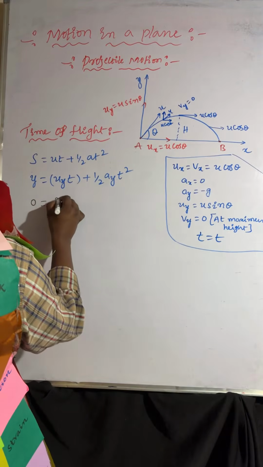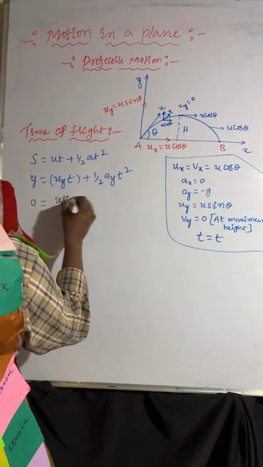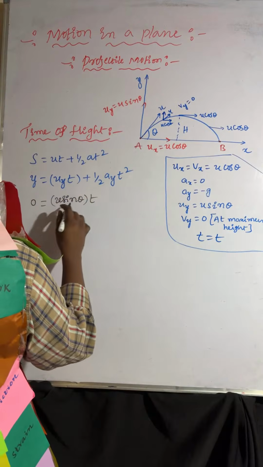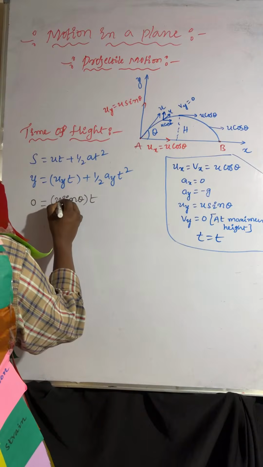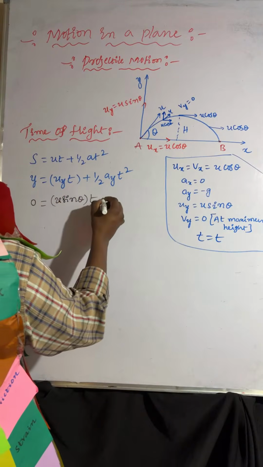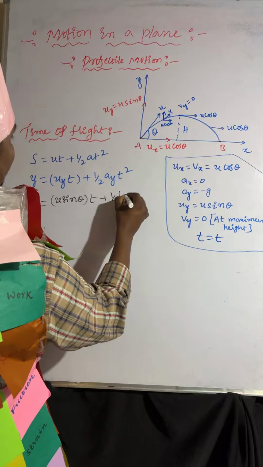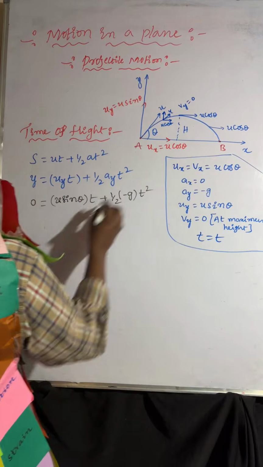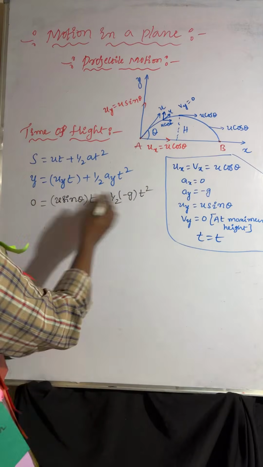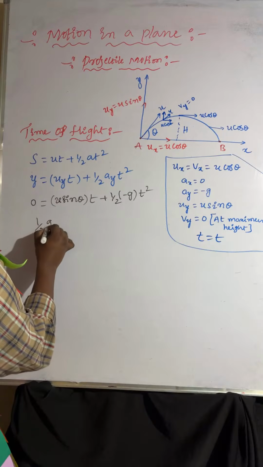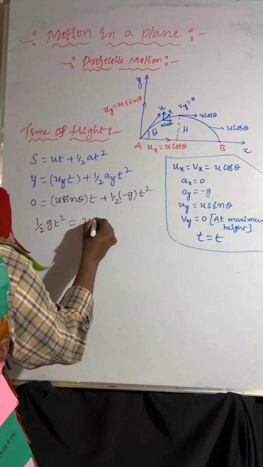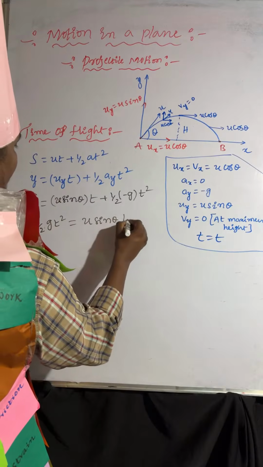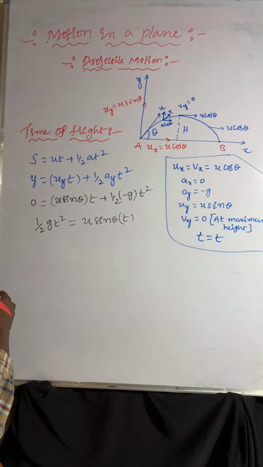uy equals u sin theta. So 0 equals u sin theta into t plus half into minus g t square. Yes or no? Then half g t square equals u sin theta into t.